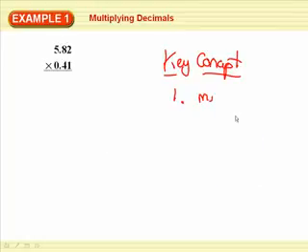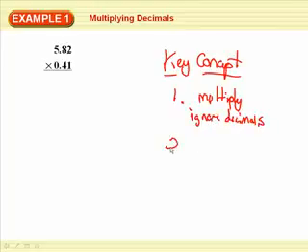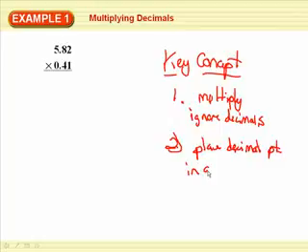You multiply and you ignore the decimals. Then you place the decimal point in the answer.